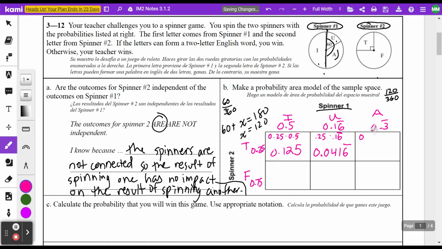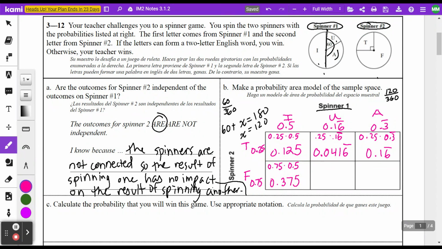Okay, 0.25 times 0.3 repeating is 0.16 repeating. Now down here, 0.75 times 0.5 is 0.375.